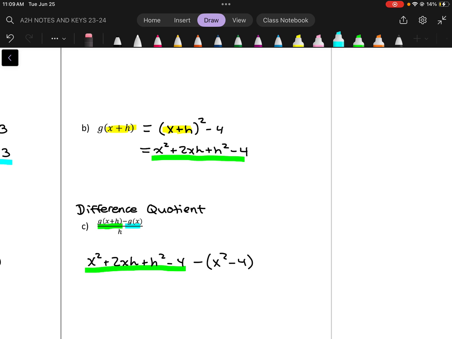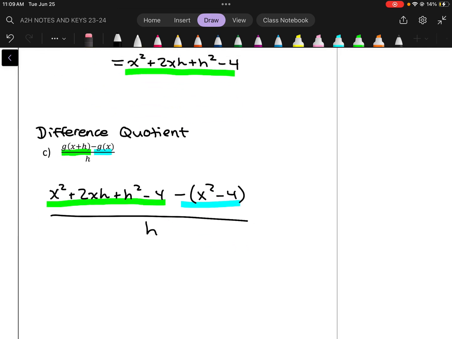Now, one thing you could do right here, it's all over h. One thing you could do right here is say to yourself, you know what? If I distribute this negative and this negative, I'm going to get x squared and negative x squared, so that's going away. And a negative 4 minus a negative 4 will also go away, right?